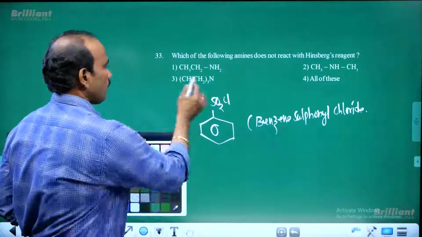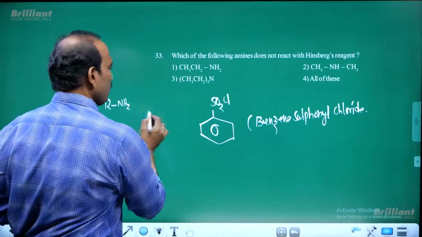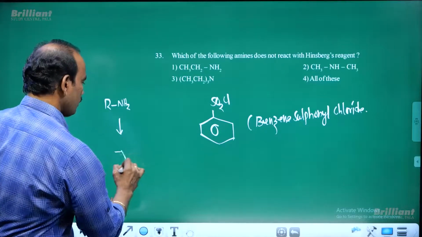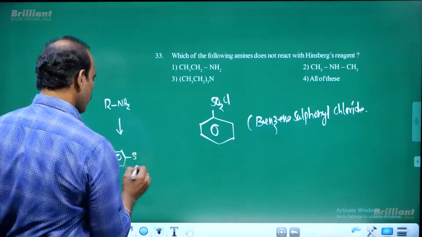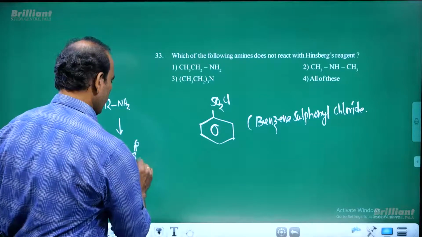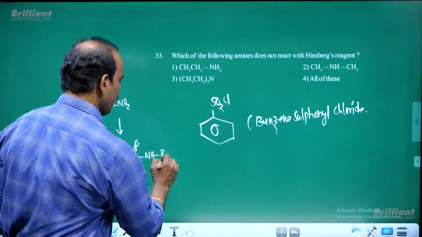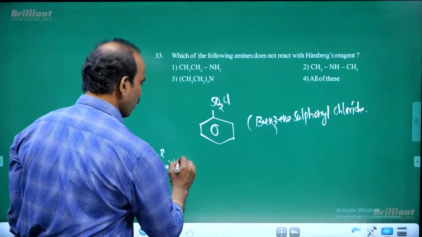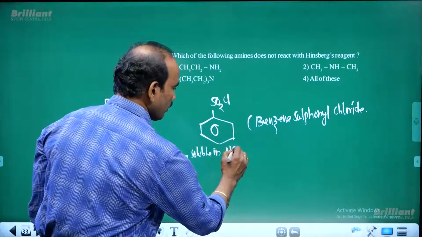Here primary, RNH2 primary amine reacts with this one. What is the product? PhSO2NHR. The hydrogen is removed, and this active hydrogen is there. That's why it is soluble in NaOH.